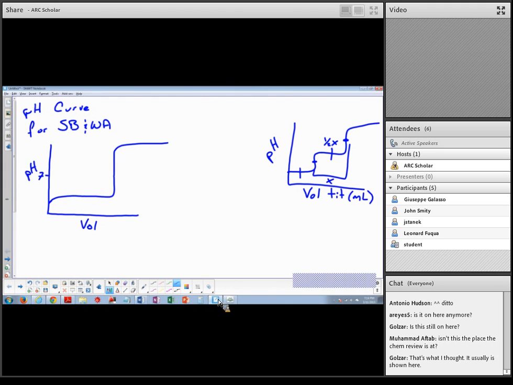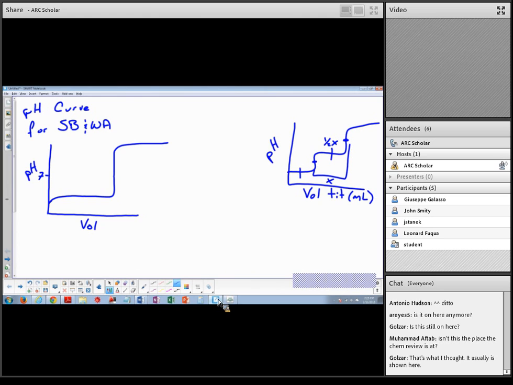Any guesses? Okay, so the equivalence point, you see this vertical region here. Essentially what's happened is, here we're adding base, the base is getting used up, and so we're maintaining roughly the same pH.